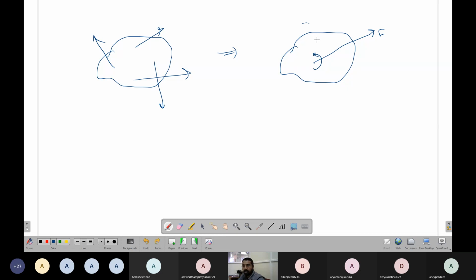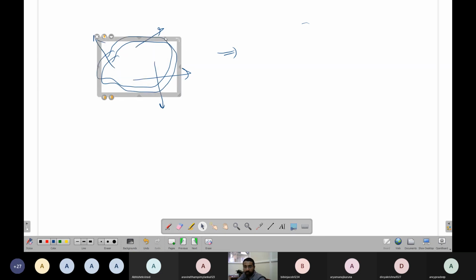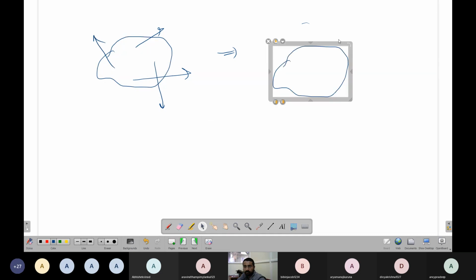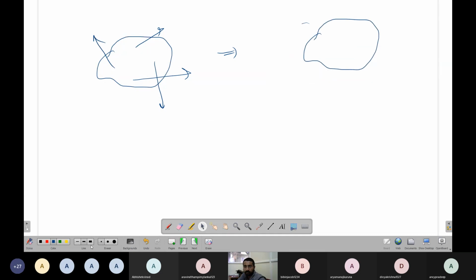Or even in a simple case, we know we have learned to analyze collinear points. Okay, so what you can do is, for all these forces, if you take a point here, you find the perpendicular distance. Okay, this point, so this is the point.